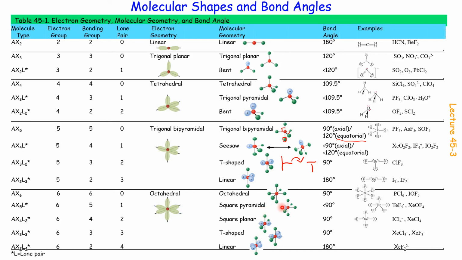Again, the lone pair always occupies the equatorial positions. There are 4 equatorial positions. In this case, you have 1 occupied by the lone pair, 2, 3, and 4. Those are the equatorial positions. Now let's focus on the molecular shape.